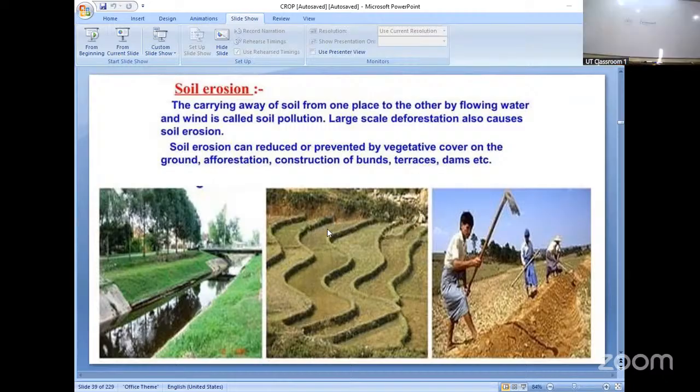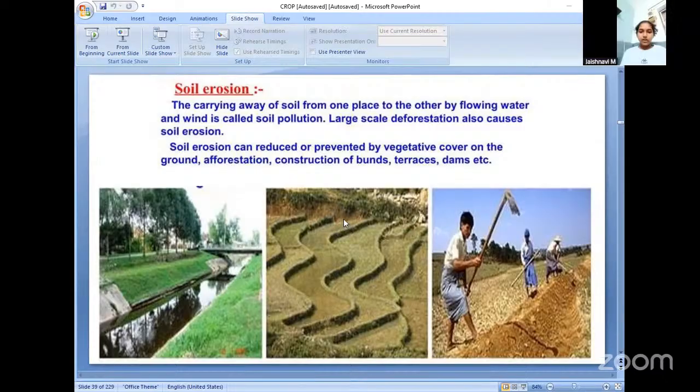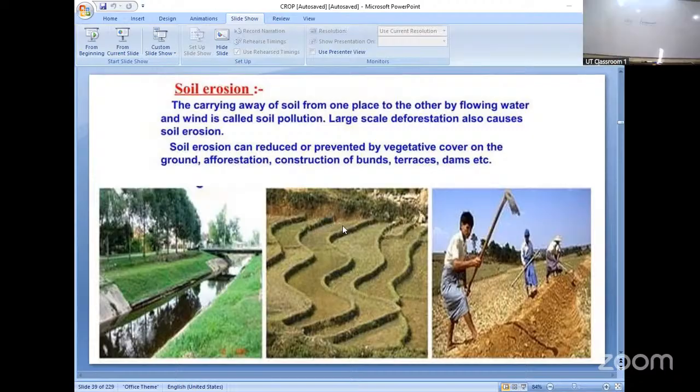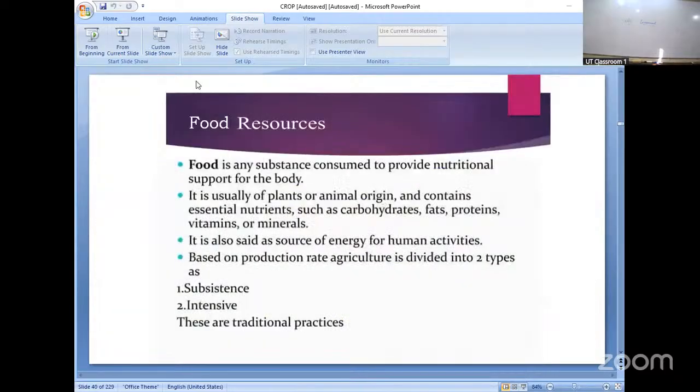It just erodes away due to various agents like flood or wind. The soil gets damaged and loose. Again, just to avoid soil erosion, plantation is a must, right? Afforestation is a must. Terrace farming, dams should be there.